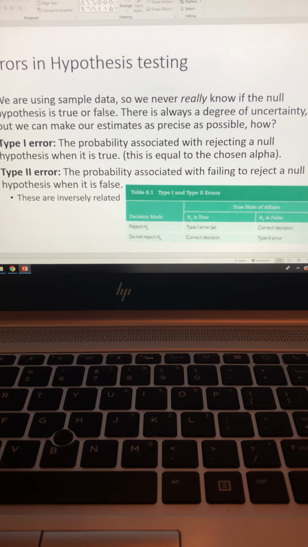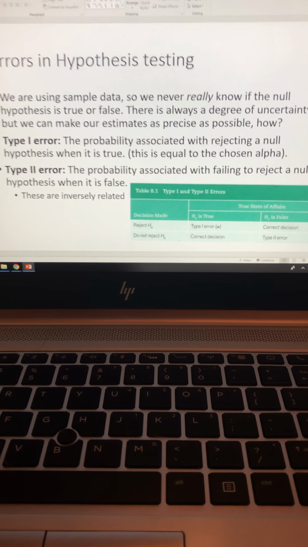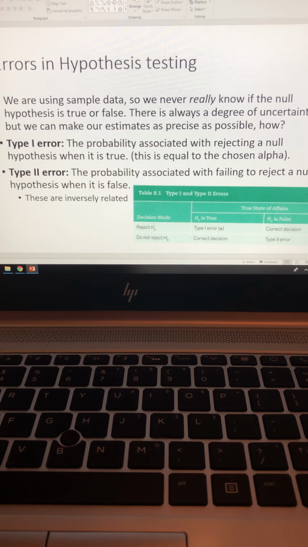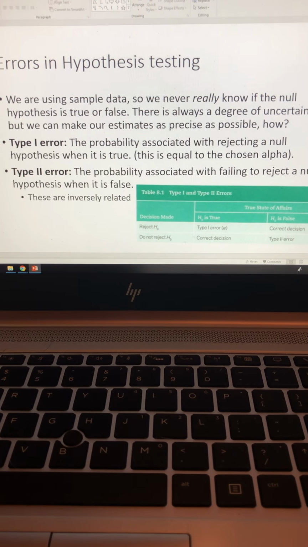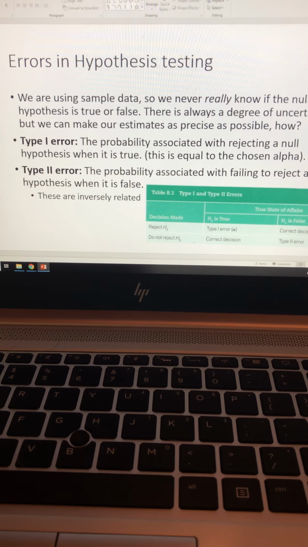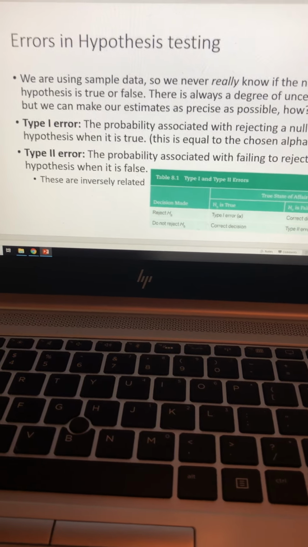So again, that's the key: comparing a sample statistic to a known population parameter where we know the standard deviation of the population. Okay, so that is the first bit. Second bit, I'm going to pause the video and come back with the second.